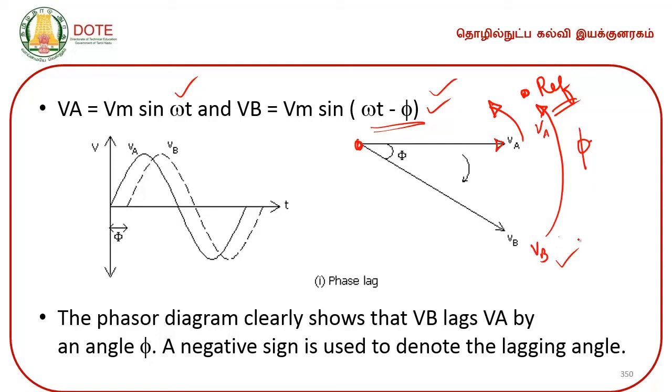The phasor diagram clearly shows that VB lags VA by an angle phi. A negative sign is used to denote the lagging angle. Suppose VB leads VA by an angle phi, then this would have been omega t plus phi, because we are taking VA as a reference vector.